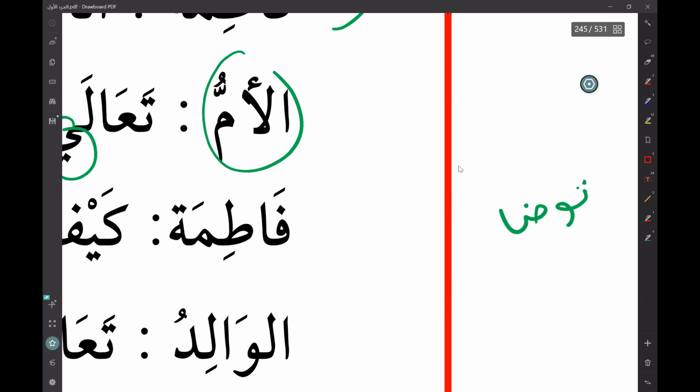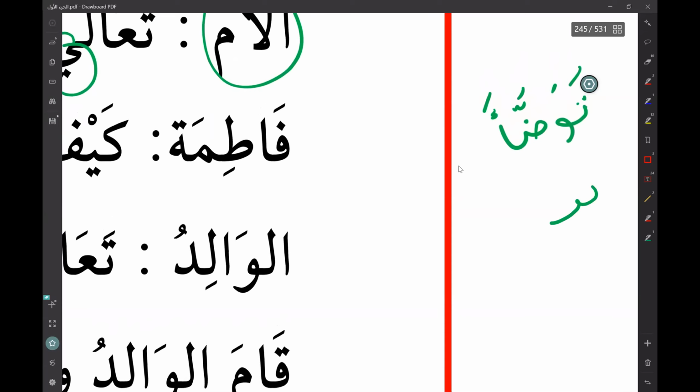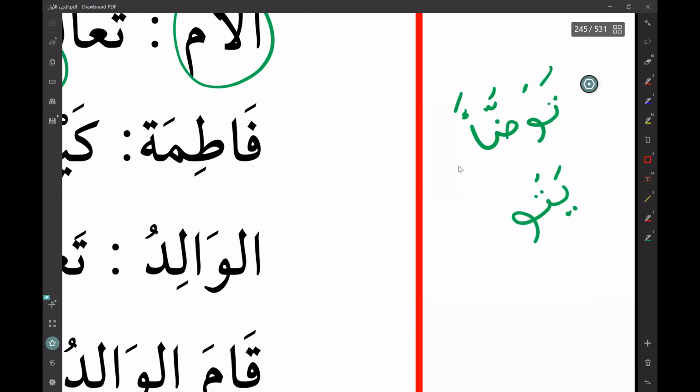This means that he performed wudu. And the present tense is what? يتوضأ. You see, it's a mouthful, right? So as soon as you bring it into present tense, remember I explained to you that this ta belongs to the past tense.